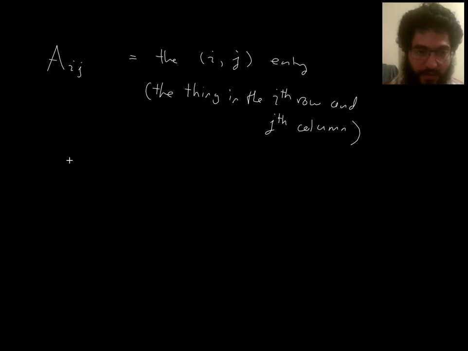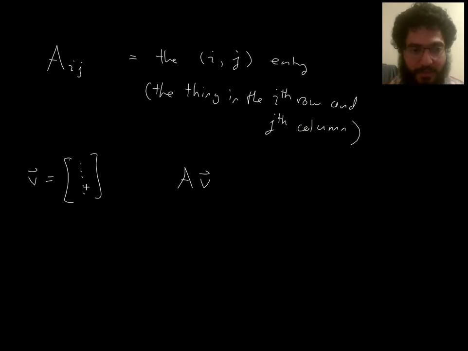And then if you have a column vector, like v is a bunch of stuff, then in order for Av to make sense, we would need v to be as tall as A is wide, right? So we need the number of entries in v to be the same as the number of columns, or the number of possible j values for A.